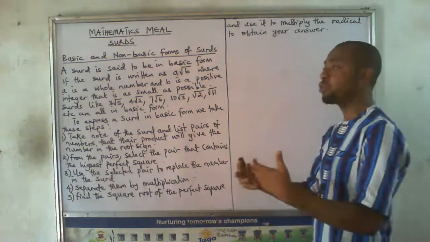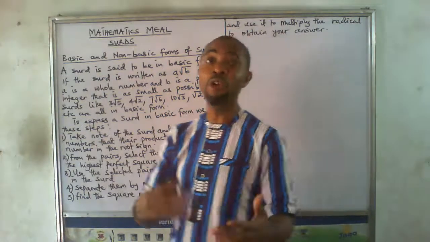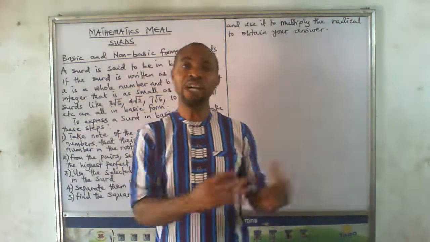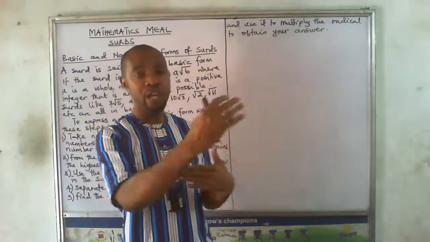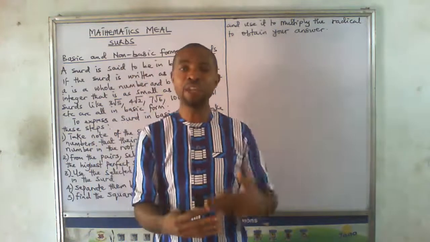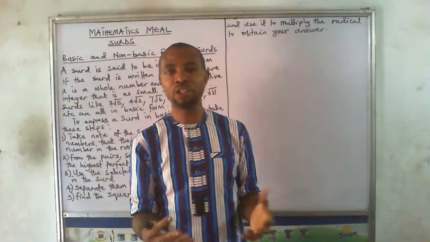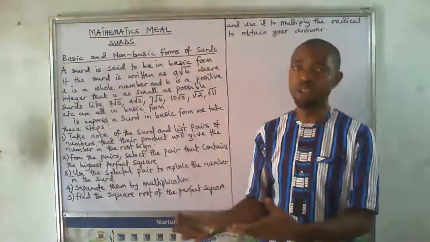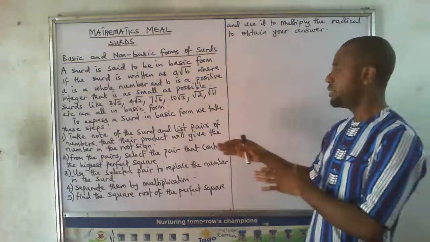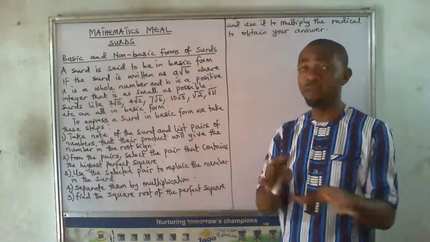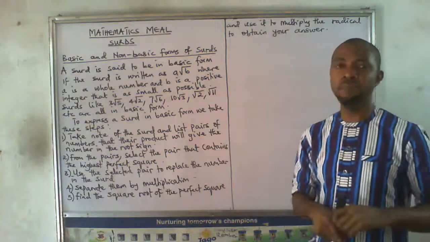If you know what you are asked to do, but you don't know how to do it, then you cannot actually execute the task. So you must know the steps, the laws, or the formula that can be used in doing what you are asked to do. So there is need for us to know the steps involved in expressing surds in basic form.